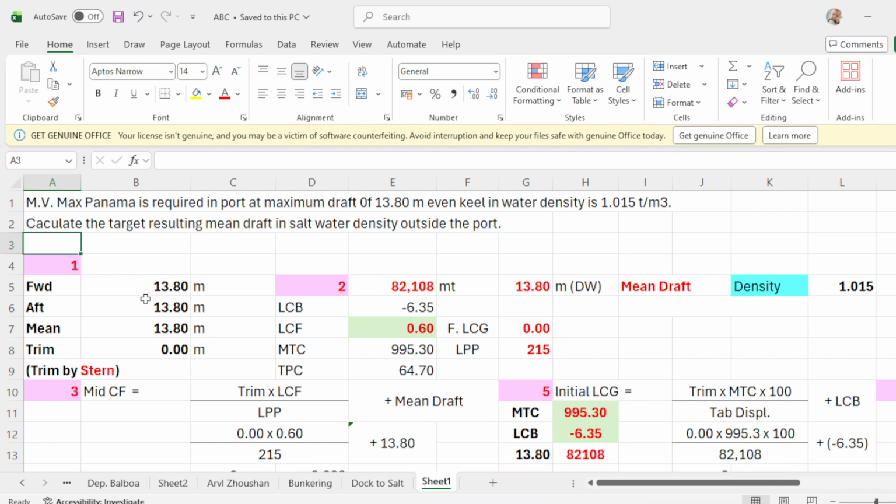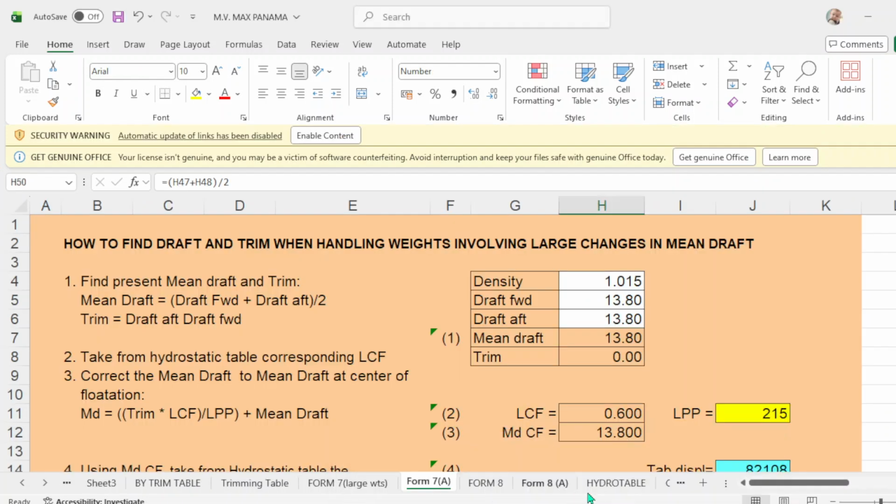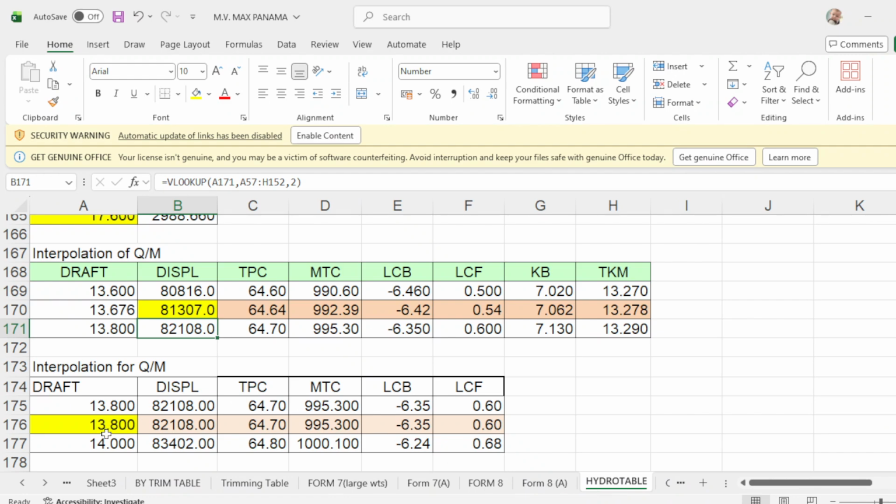So we have here number 1, the even keel of 13.08 and 0 trim. Number 2, from the hydrostatic table, you look for the LCF of 13.08. 13.80.